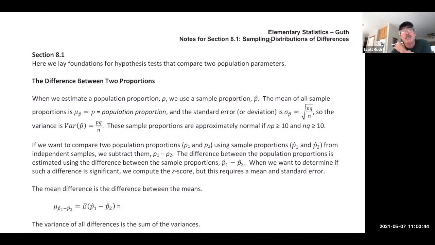So, like for instance, I've talked about COVID a lot because it's relevant right now. You can't have the same people being tested before and after they go on the COVID vaccine.